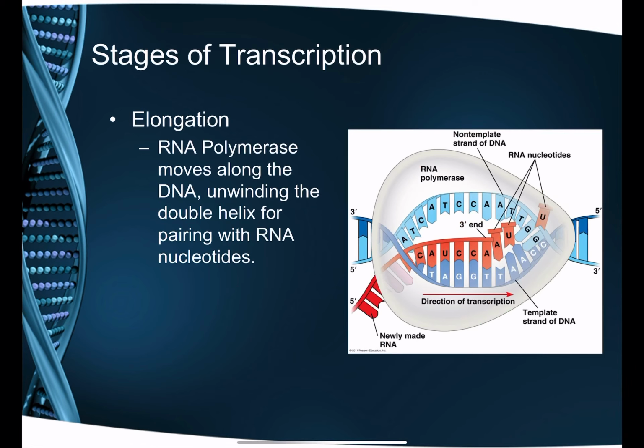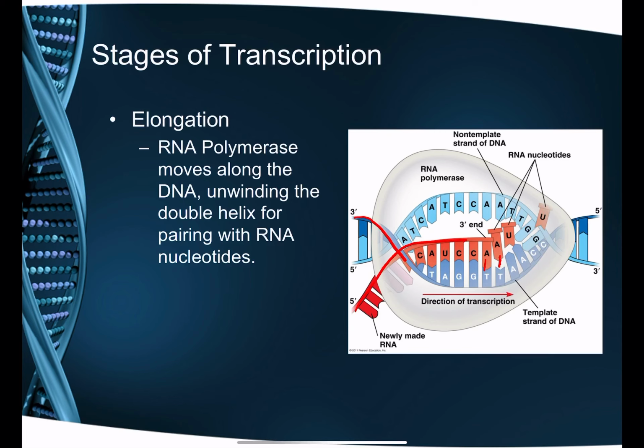Now, the elongation step. In elongation, you have that RNA polymerase moving along, unwinding, as I just mentioned before, and using that base pairing, A to T, G to C, except we're taking A to U, and making the mRNA primary transcript as it goes along, using the template strand.